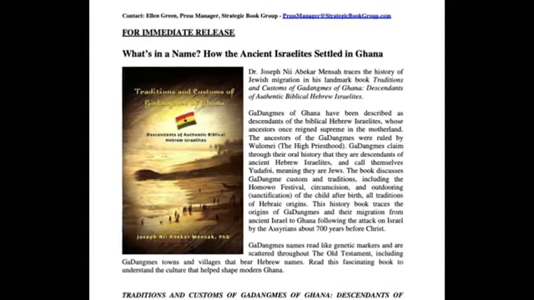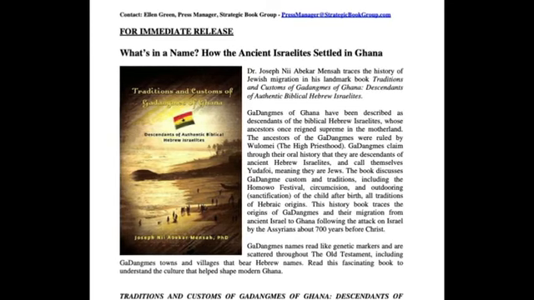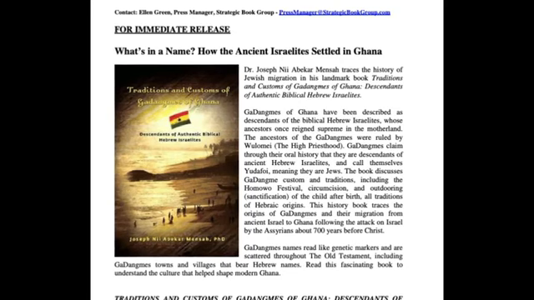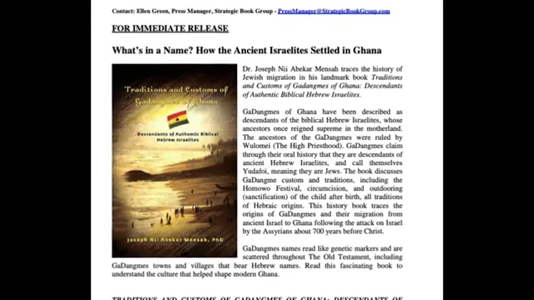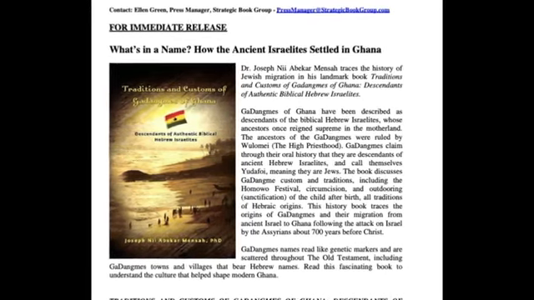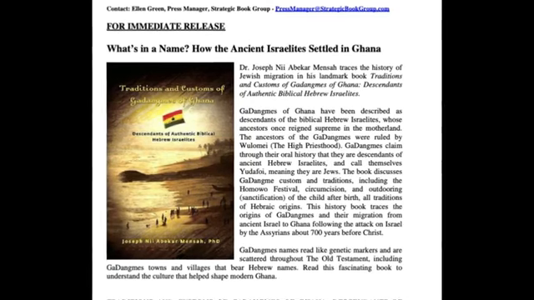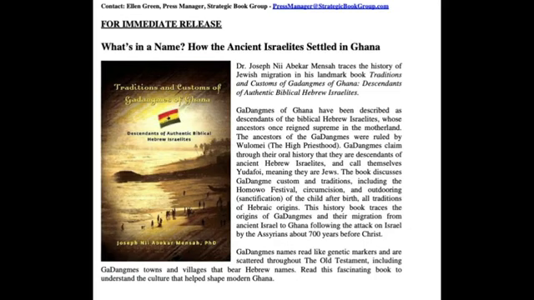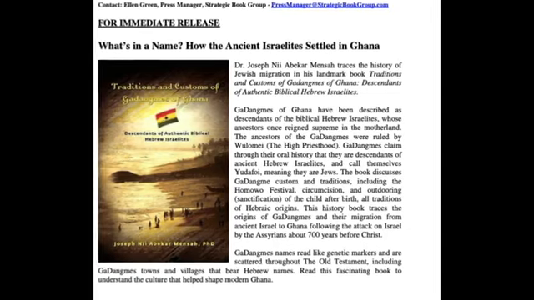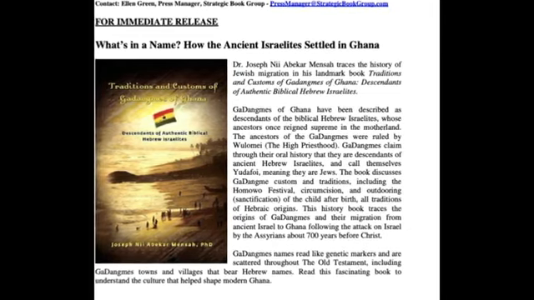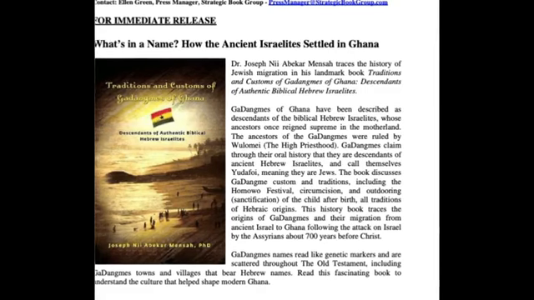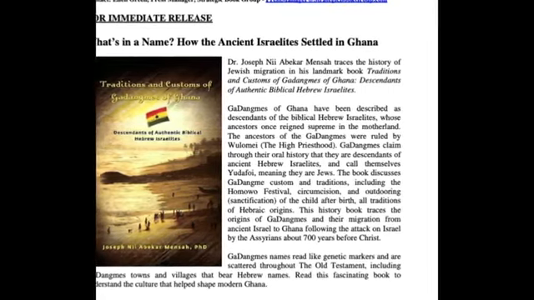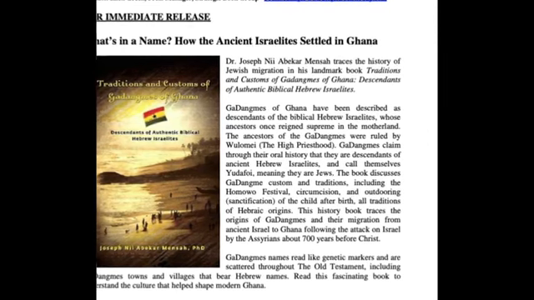Gadambes of Ghana have been described as descendants of the biblical Hebrew Israelites, whose ancestors once reigned supreme in the motherland. The ancestors of the Gadambe were ruled by Ulome, the high priesthood. Gadambe claim through their oral history that they are descendants of the ancient Hebrew Israelites and call themselves Yudafor, meaning they are Jews.